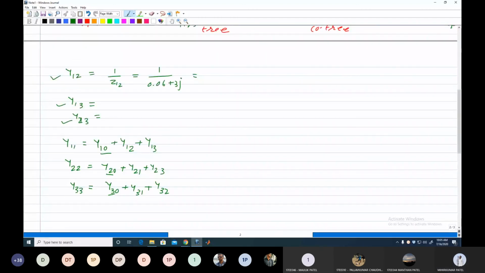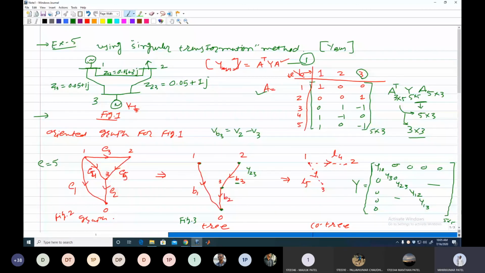Is any value given for the shunt admittance which is offered by this transmission line, or line charging? There is no value given for the shunt admittance and line charging element.